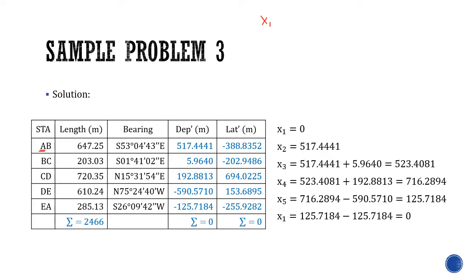Okay. Let us take point A as the origin. So, if point A is the origin, then XA and YA ay equal to 0.